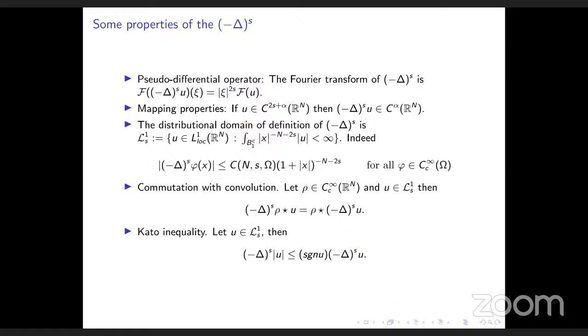Okay, so let me just stop. Okay, so if you recall the fractional Laplacian, then we see that if u is compactly supported, then far away we always have this term. So in a sense, this is not compactly supported.